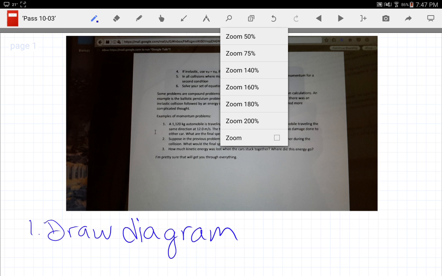So with your momentum equation, we're more so looking at your kinetic energy. While those things do apply, you're not so much focusing on that in your diagram. It's more so looking at the mass of each object, the velocity of each object, and then which direction they're moving and in relation to each other.